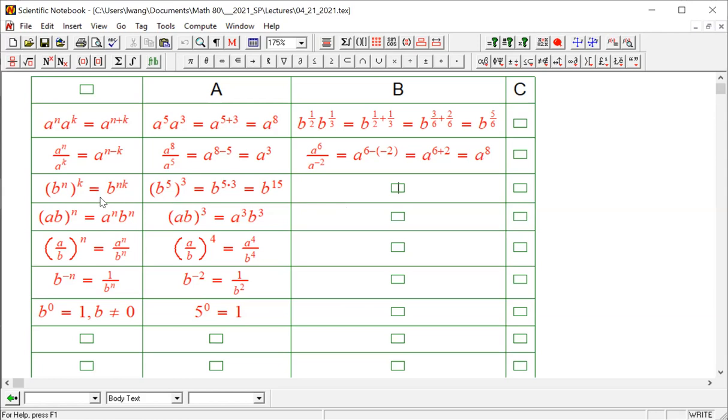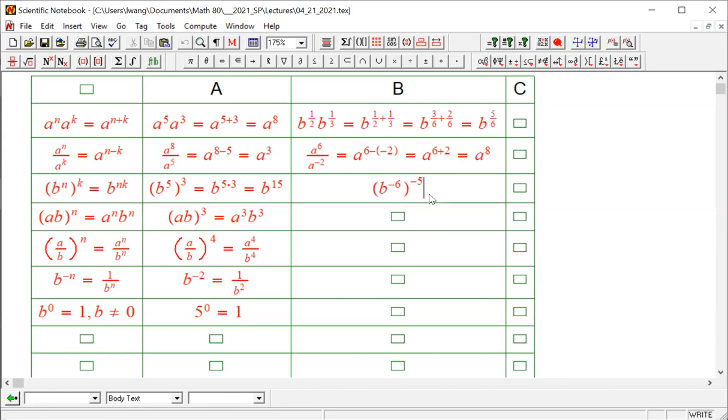Okay, multiplication. In this scenario, we have b raised to the power of -6, and then the power outside is -5. Just like in this situation, n could be negative, k could be negative, n could be positive, b could be negative.